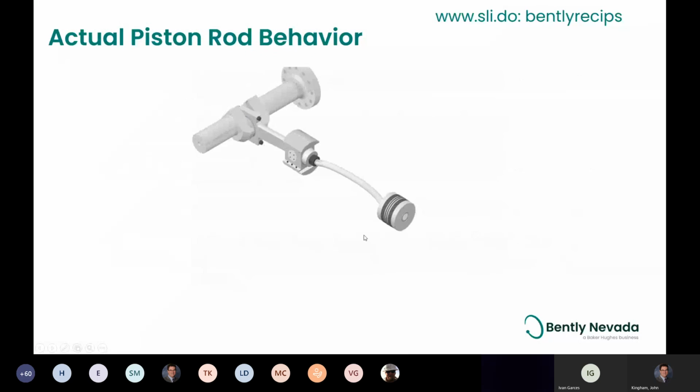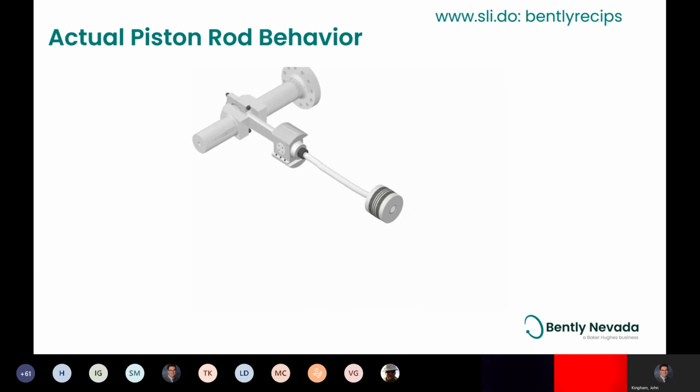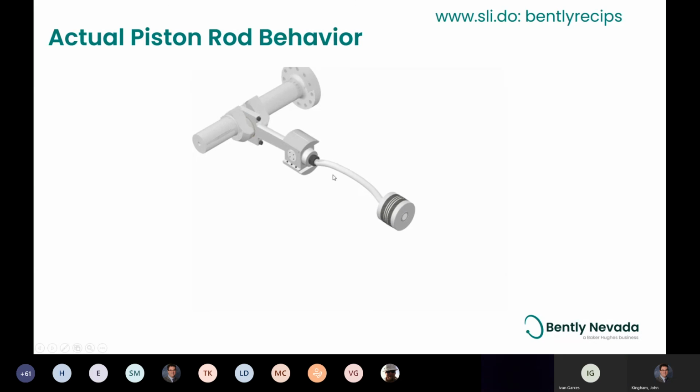So this next slide is an animation of some data that we took several years ago where we heavily instrumented a rod. We put as many prox probes on it as we could, and then we amplified that motion in this animation.